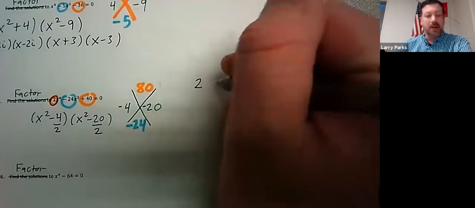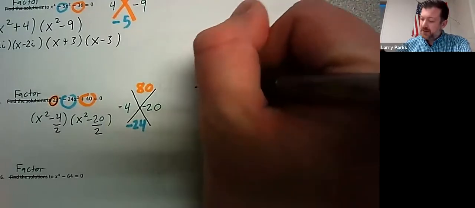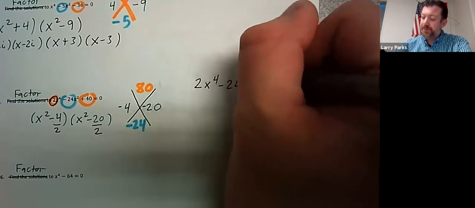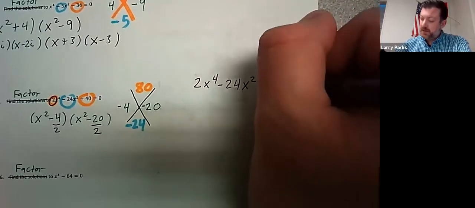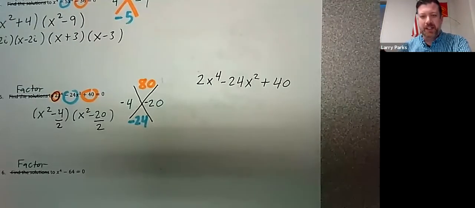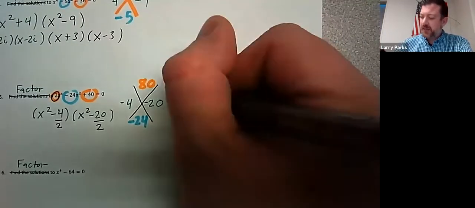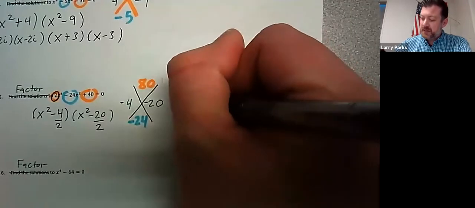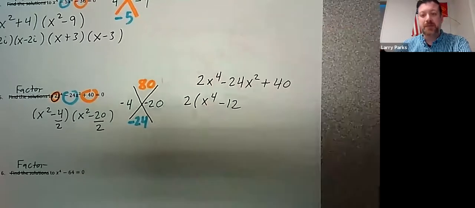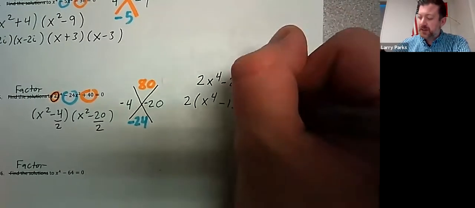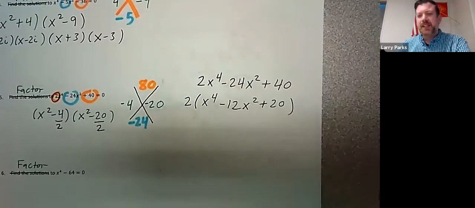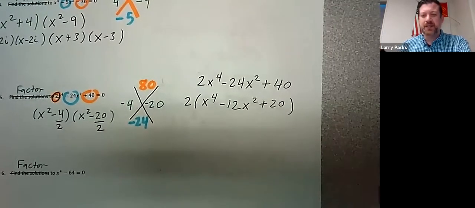So I'm going to write down the problem again. And this time, I'm going to recognize that the GCF is 2. So I'm going to take out the 2. Basically, I'm just dividing everything by 2 and putting it on the side. And now this problem becomes just like the other ones.